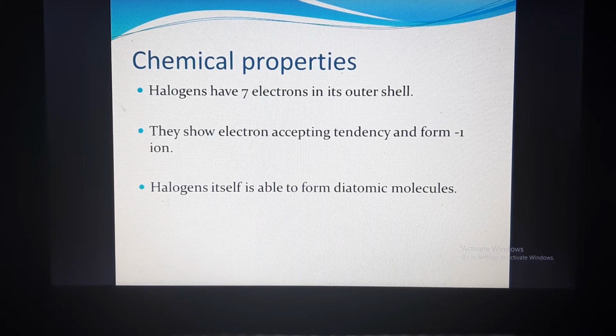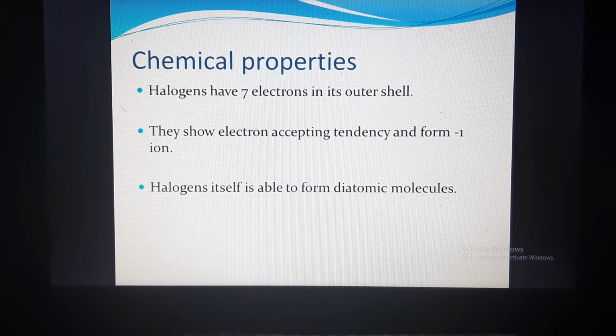And the next one, halogens themselves are able to form diatomic molecules. That I already told you. Fluorine in nature exists as F2, chlorine as Cl2, iodine as I2, bromine as Br2. That means diatomic; they are combining.